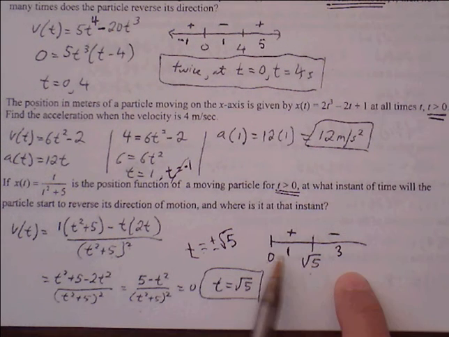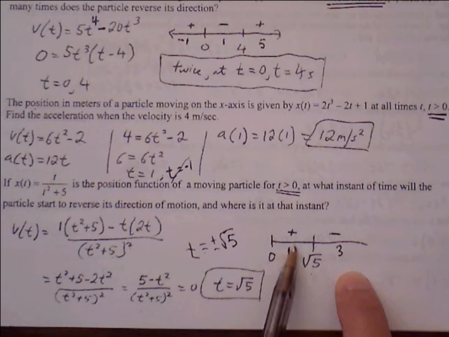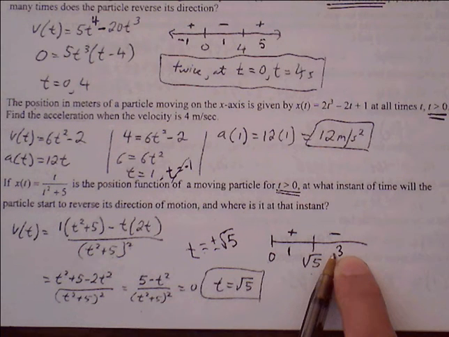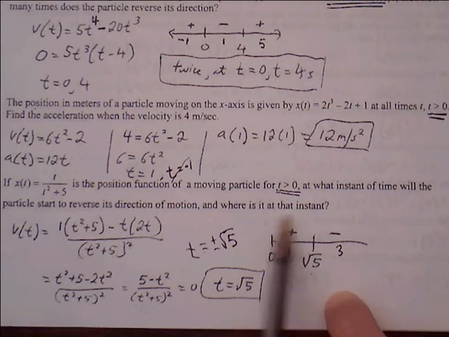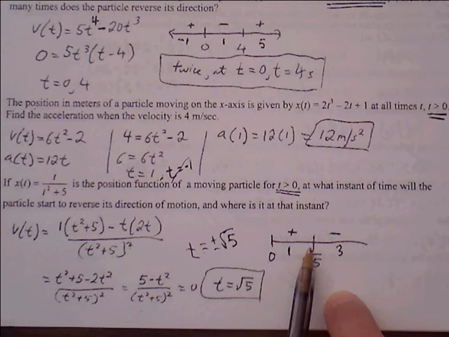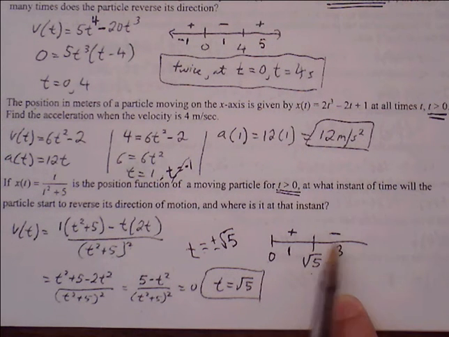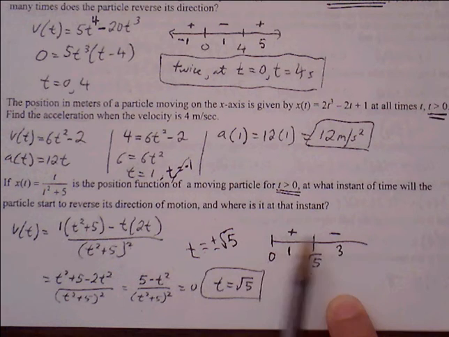We know the velocity in this interval will be moving to the right because we have positive here. Here, if I choose 3 as a representative value in this interval, 5 minus 3 squared, so 5 minus 9, which is negative, over a positive. Negative over positive is negative. So the particle is moving to the right. It will stop at root 5. And then it'll change direction and move to the left. So there's a change in direction at t equals root 5.